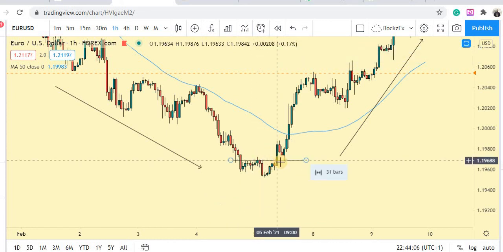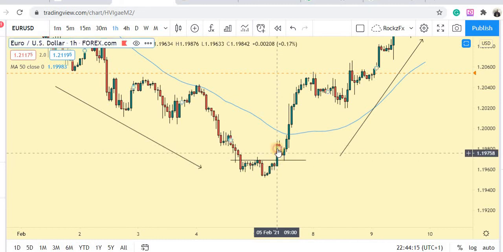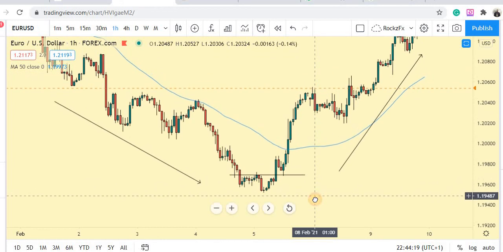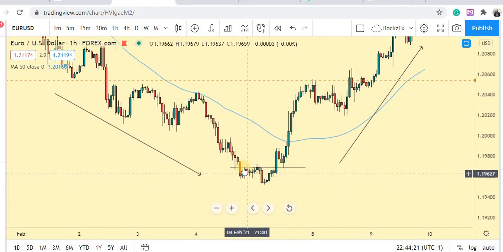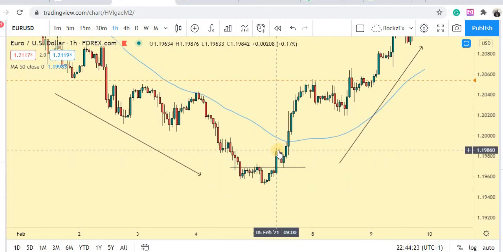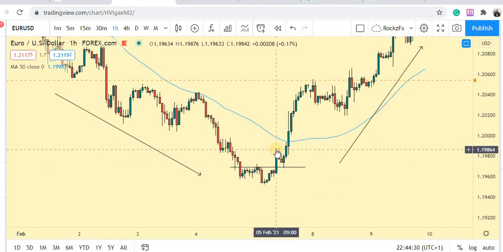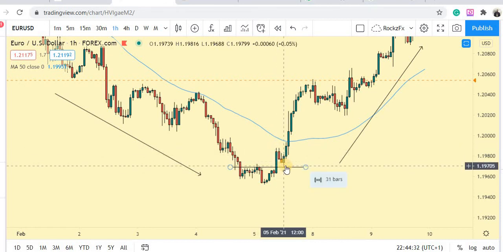You see price breaking it at this point, okay? This candle was the breaking candle that did the break of structure. So you see, it broke to the upside and formed what? A higher low.